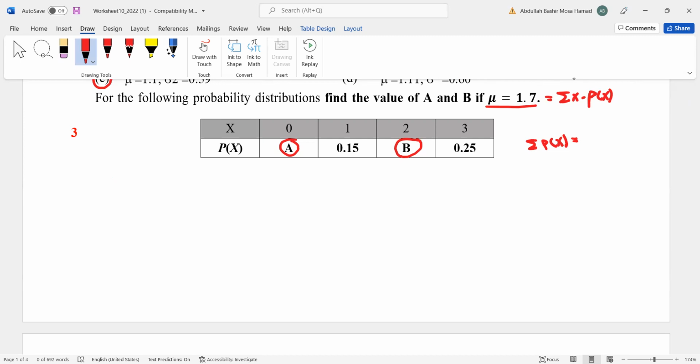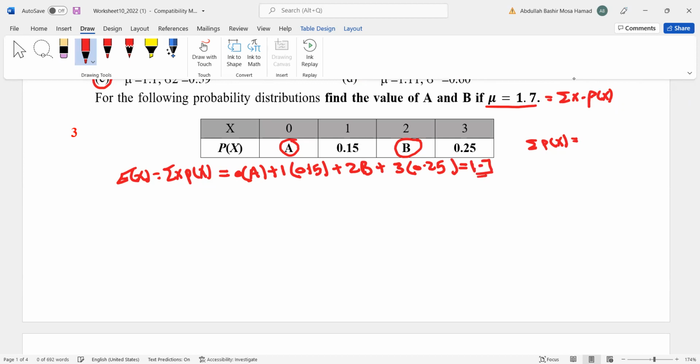So for the first one, the expected value of x, which is already given, equals the summation of x times p of x, which equals 0 times a, which is 0, plus 1 multiplied by 0.15 plus 2b plus 3 multiplied by 0.25. This should be equal to 1.7, as already given.